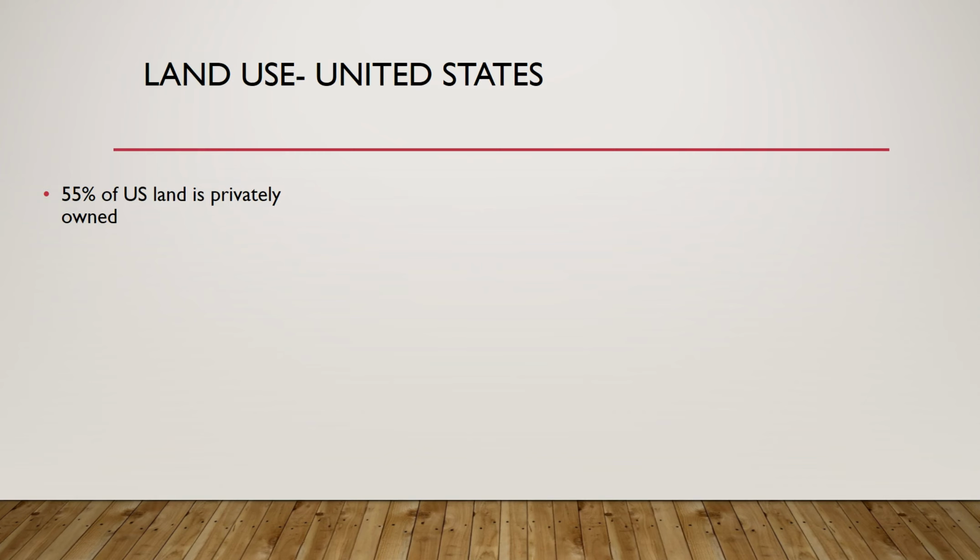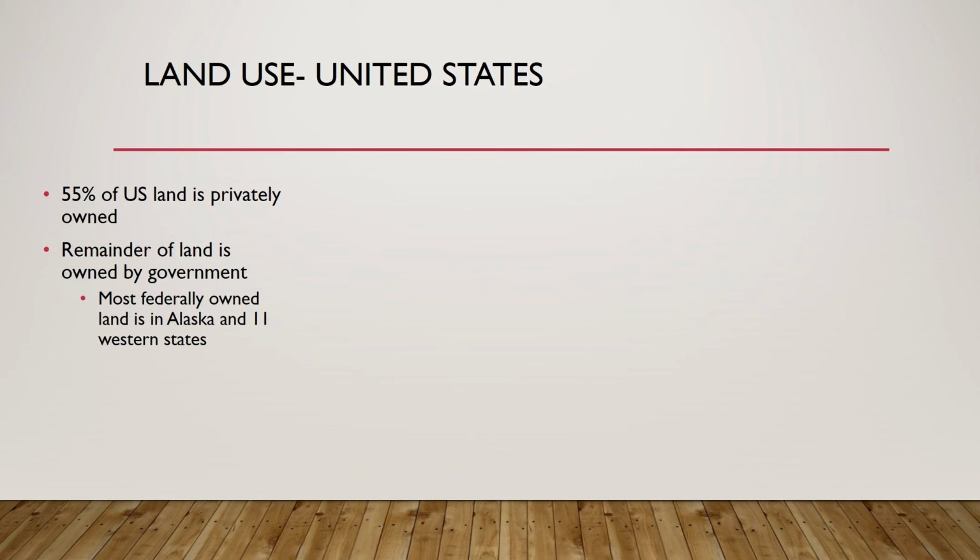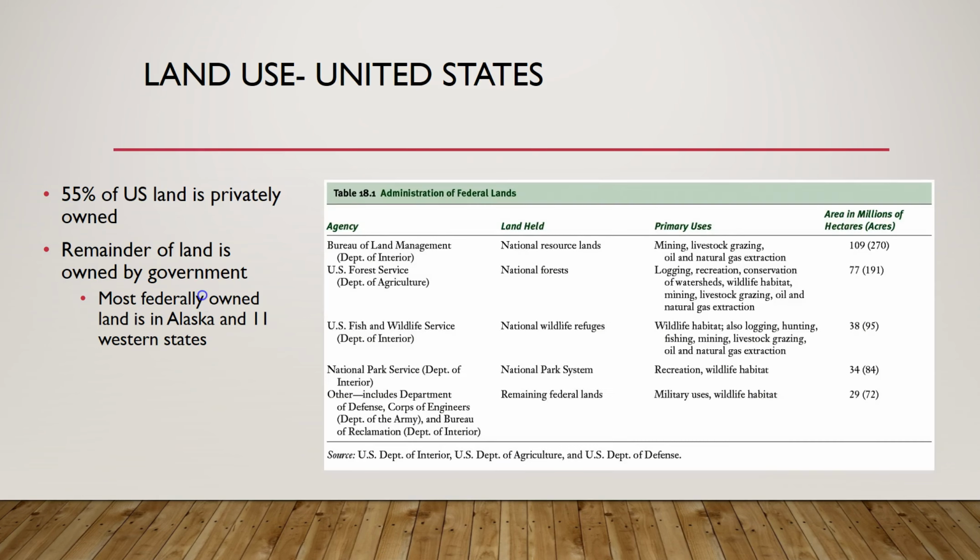So in the United States, 55% of the land is owned privately. So people with their own private ranches for grazing, their own private crops, homes, yards, etc. The remainder of the land is owned by the government, whether that be the state government or the national or federal government. It depends, okay?